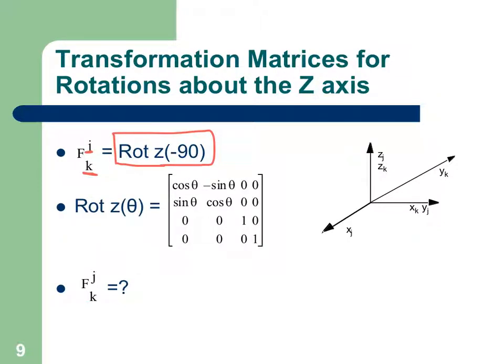And I'm just going to tell you that the equation for rotate z by theta is actually this 4x4 matrix, okay? Fine.